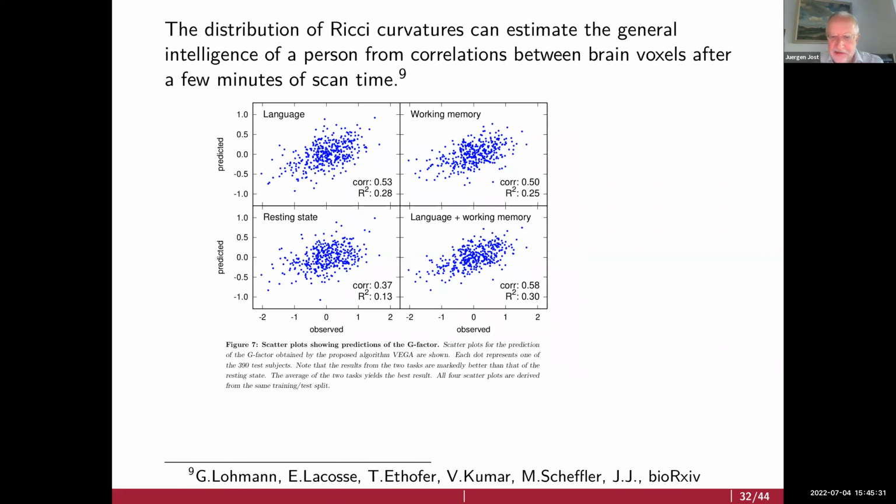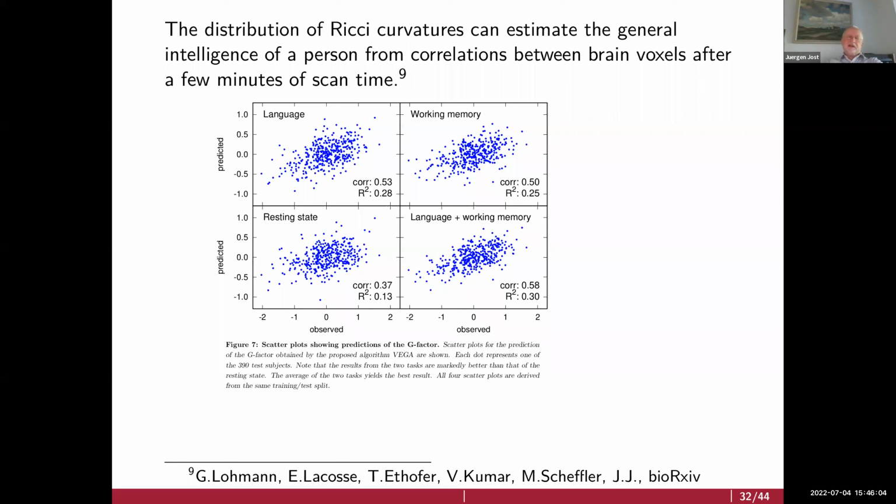Here's another task which was done with Gabi Lohmann and other collaborators. And here we have been using data that were generated within the American Human Connectome Project. We have then analyzed them with our methods. And the idea is the subject is put into the scanner and has to do some basic task, either a language task or a working memory task.